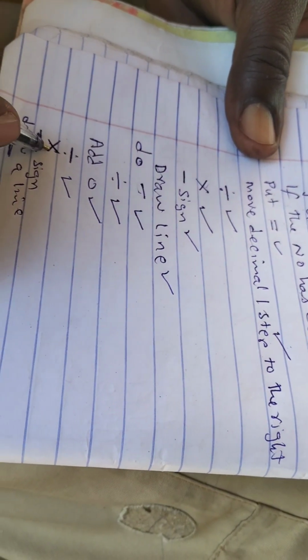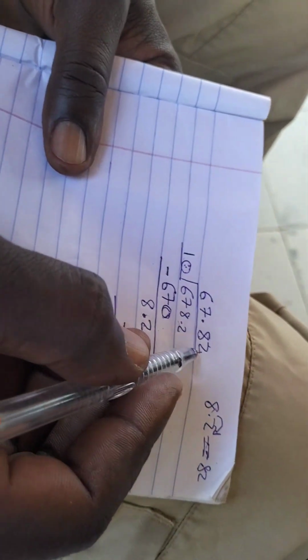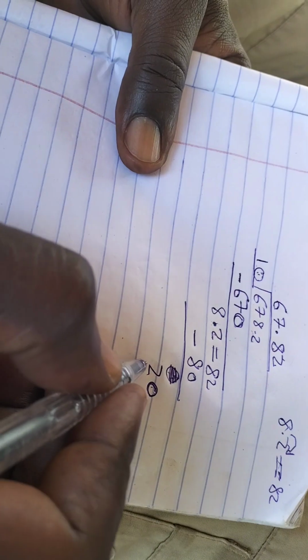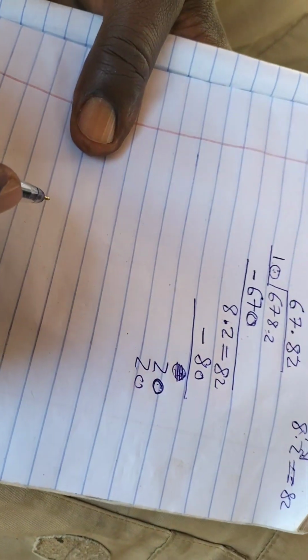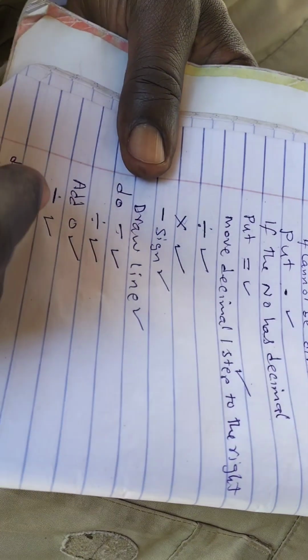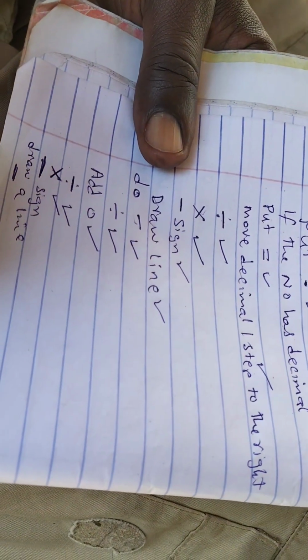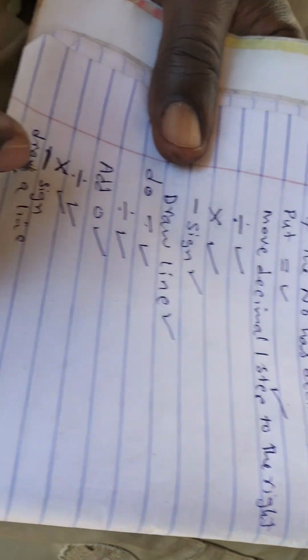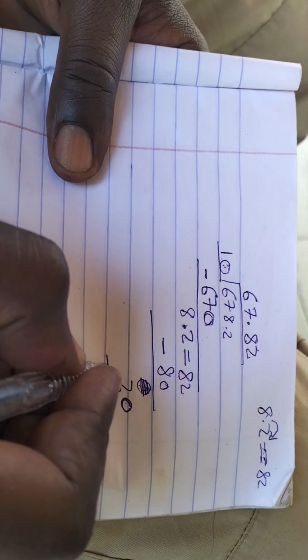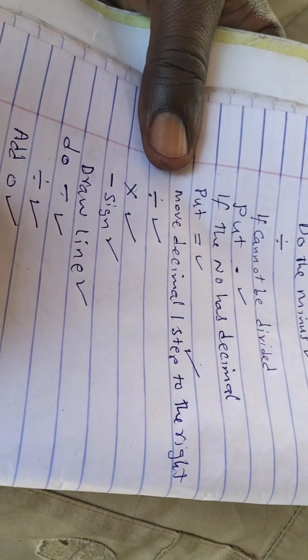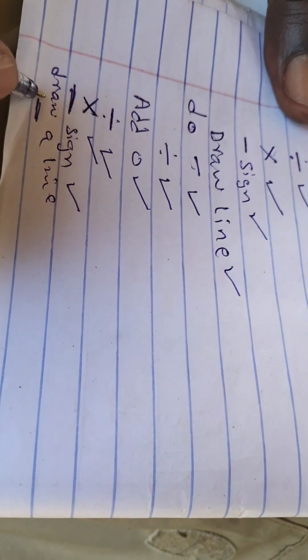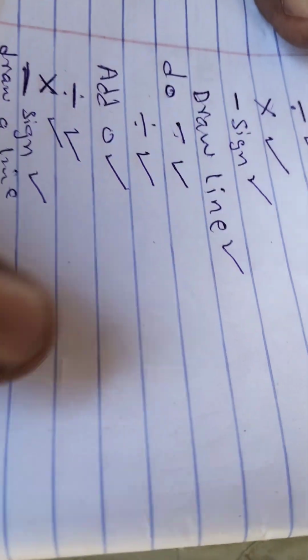The next sign says multiply. Come back here. 2 times 10 is what? 20. Right? We've gotten it. We're moving. We put a good at the multiplication. Next is the minus sign. We put a good at the minus sign. You come to the next one. Draw a line.